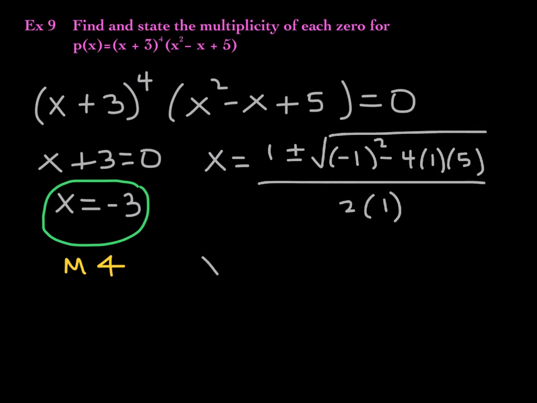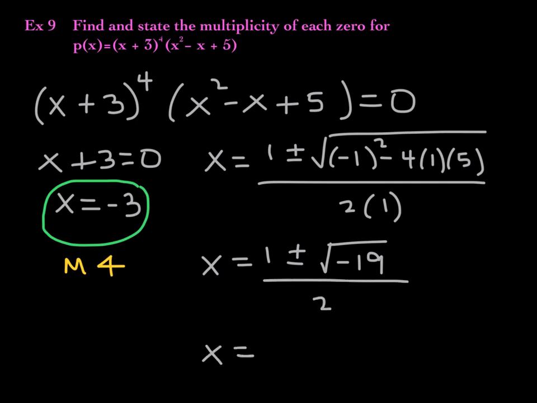So then x would be equal to 1 plus or minus the square root of -19, because this is 1 minus 20, all over 2. So then x is equal to 1 plus or minus. Now, the square root of 19 does not simplify, but the negative underneath the square root produces i. So I'm going to write i and then leave it as the square root of 19. Don't forget all over 2.